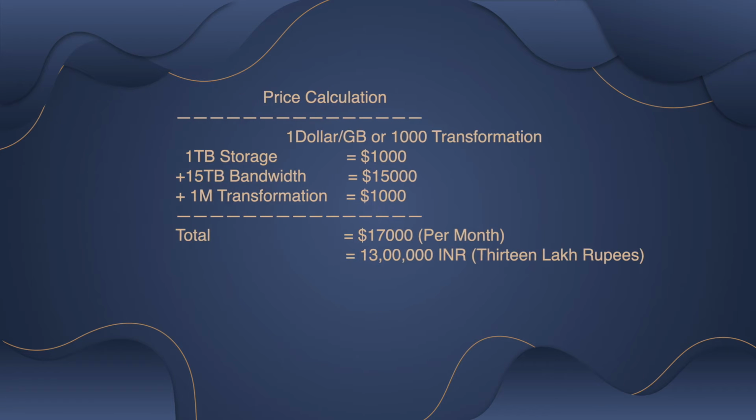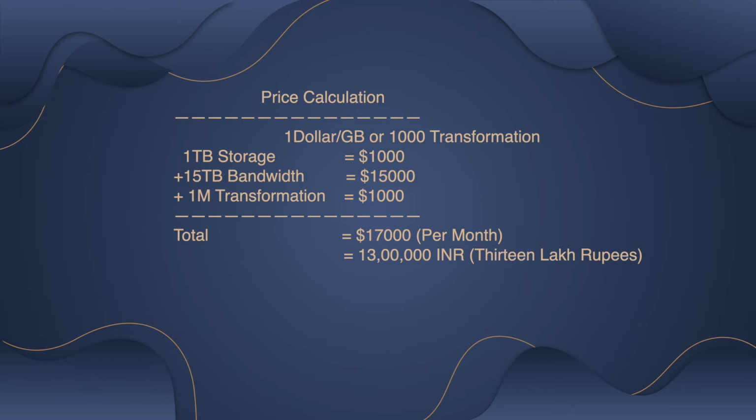Now let's see the overall cost. Let's say we are using the service where the price is $1 per GB or $1 for 1000 transformations. In that case, as we have used 1 TB of storage, we can expect it's $1,000, 15 TB of bandwidth means $15,000, and let's say we are using 1 million transformations, so again $1,000 for that.